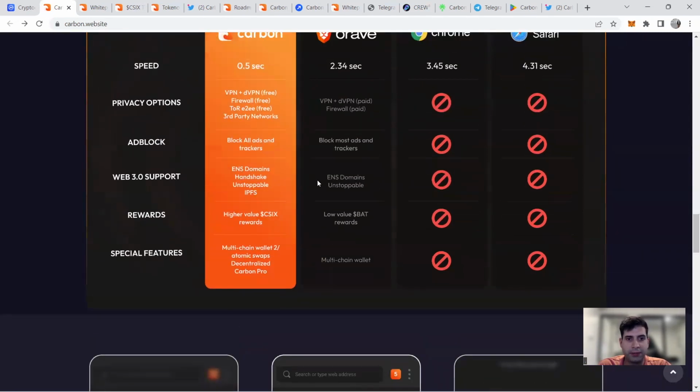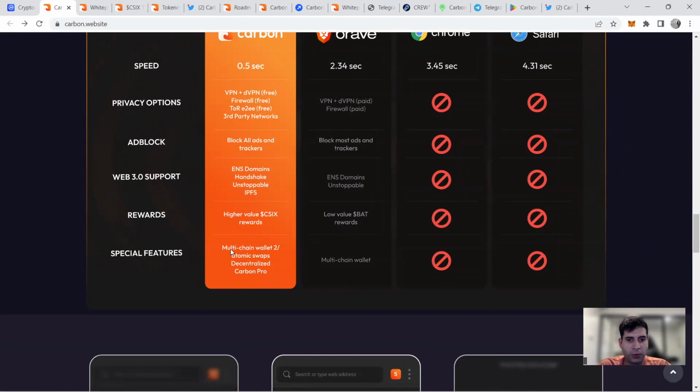They have the same Unstoppable Domains and ENS domain support, but they also support IPFS, which is the storage facility. The rewards are for now higher; it will change, but right now it is higher than BAT.